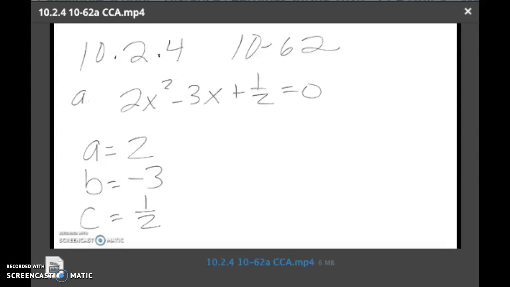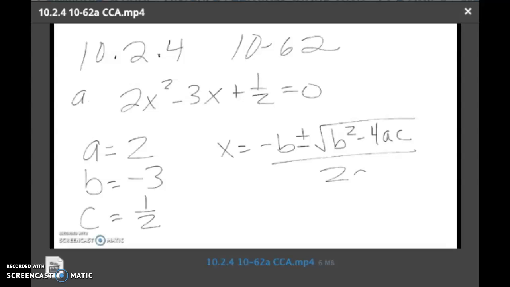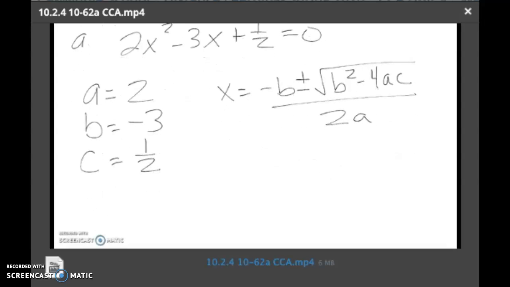And then if you remember the quadratic formula, x equals -b plus or minus the square root of b squared minus 4ac all over 2a. So I'm just going to go through and replace the a, b's, and c's with what they're equal to.